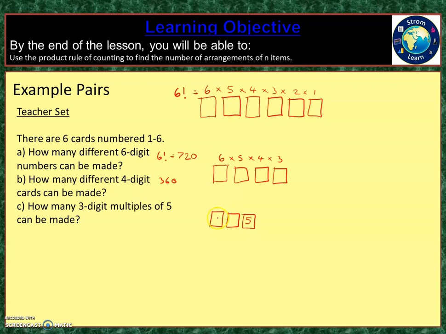So all I'm looking at then is ways of getting the first 2 cards. Now the 5 is fixed, so that gives me 5 other cards left that could be the first one, and 4 cards left that could be the second one. And so when I multiply these together, 5 times 4 times 1, there are 20 different 3-digit multiples of 5 that can be made.